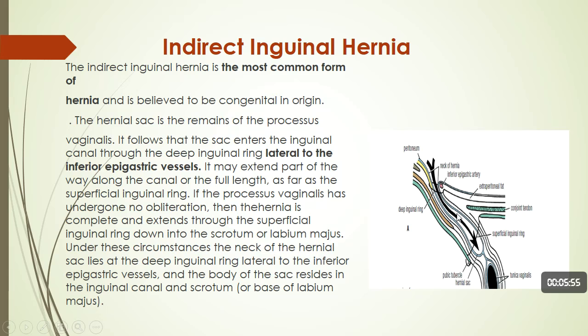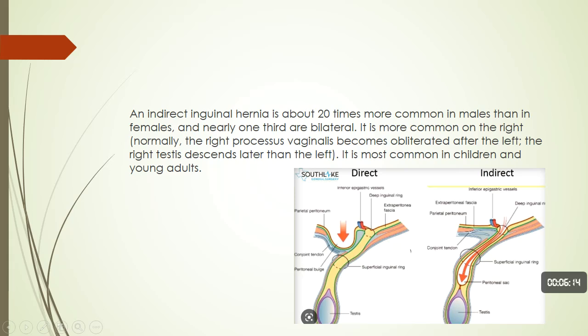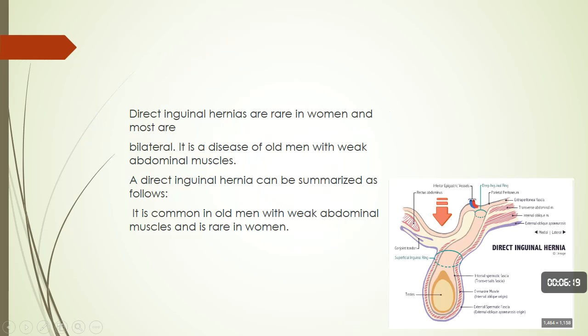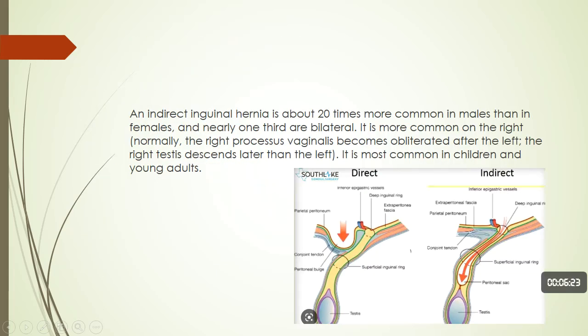This means maybe the small intestine only stops in the inguinal canal, it is incomplete, or maybe the small intestine comes to the scrotum, it is a complete hernia. Thus, indirect inguinal hernia may be complete or incomplete. I hope that you understand the difference between direct and indirect hernia.